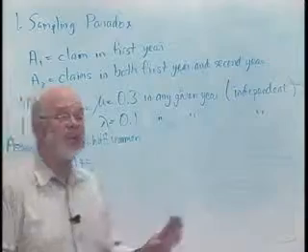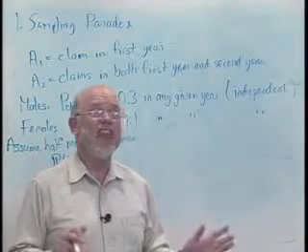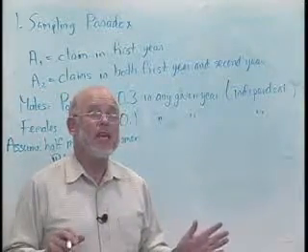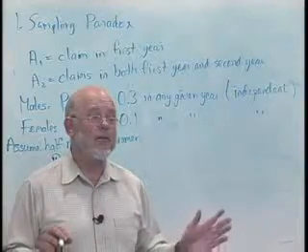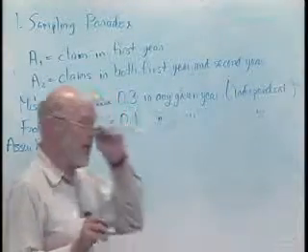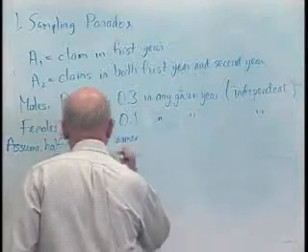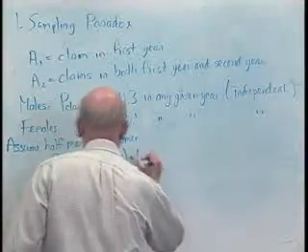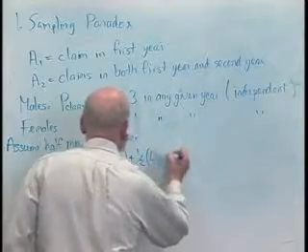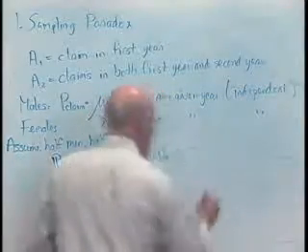Now, this has to be conditioned on the case of a man and the case of a woman. Each of those events has a probability of 0.5 if we're picking the insured individual at random. So we have 1/2 times 0.3 plus 1/2 times 0.1, which is 0.2.